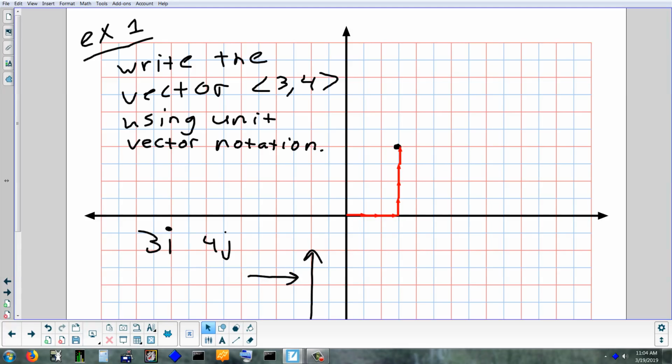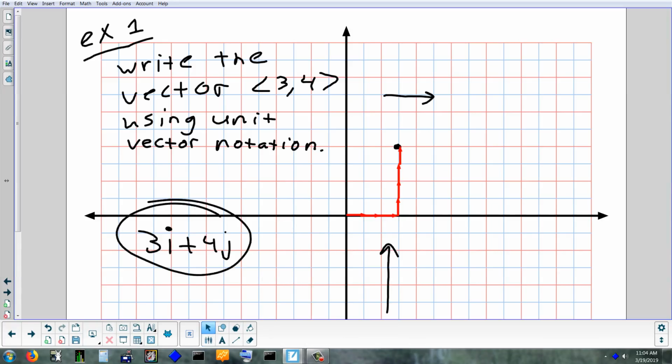Yeah, we're adding them together. So you have 3 of the i's, 4 of the j's, and now if you connected from where you started, which is here, to where you stop, which is right there, that would be the vector 3, 4 with the angle brackets. So this is unit vector notation, what I circled. What you started with was called algebraic notation.